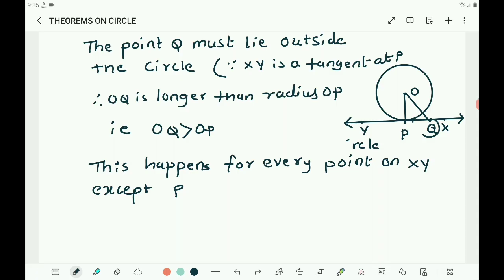The line joining the center to a point outside the circle is always greater than the radius.